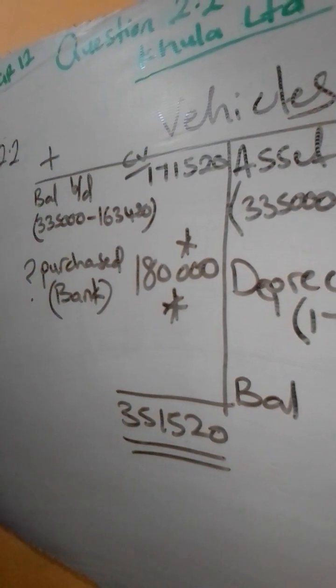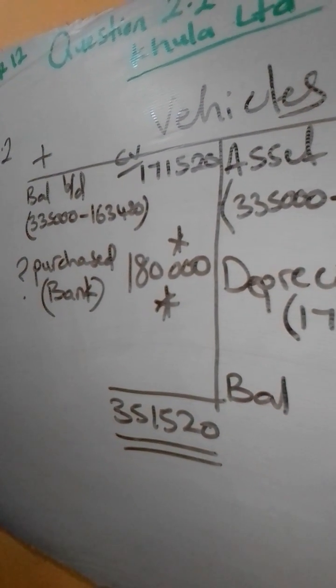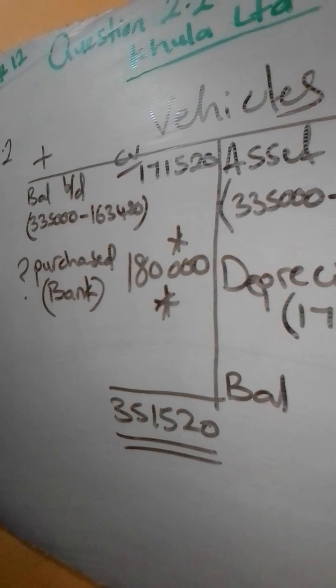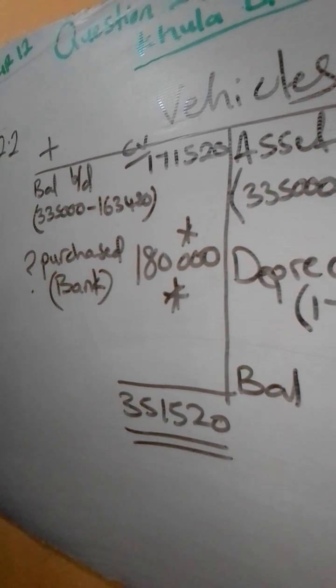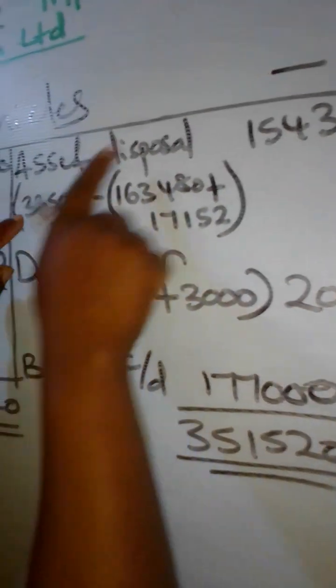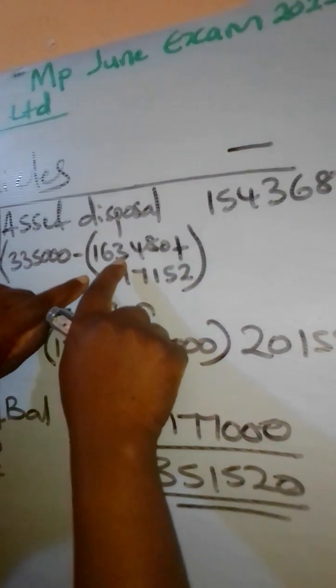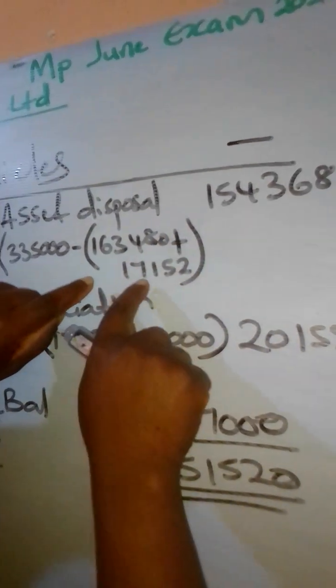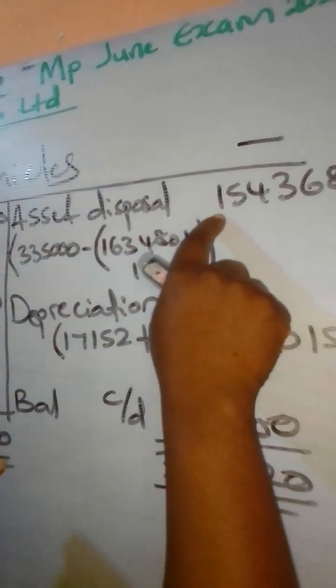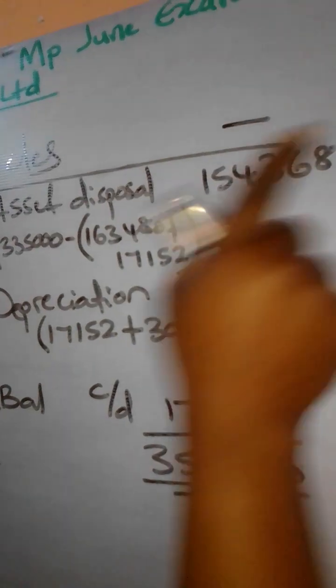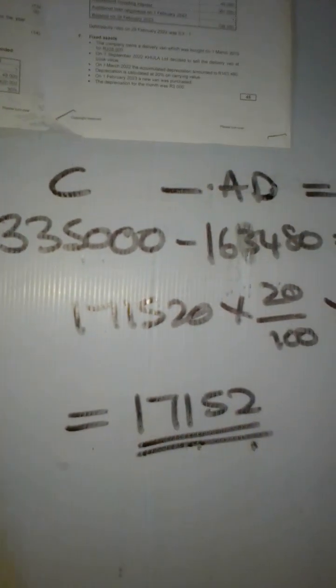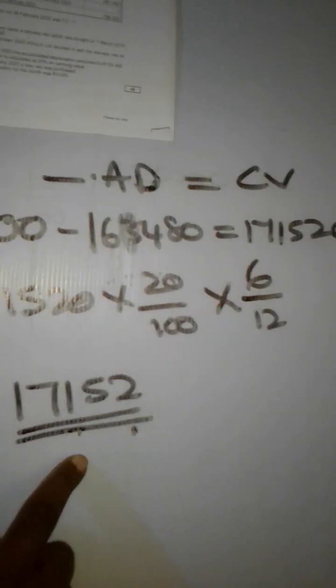And then the second thing, the additions is the balancing figure. You were now supposed to look at the disposals. You were supposed to do it like this. The asset disposal, you were simply supposed to say 335,000 minus 163,000 plus 17,152, which will give you 154,368. Okay, the depreciation also, how it was calculated, how we got the 17,152, I have already shown you here.